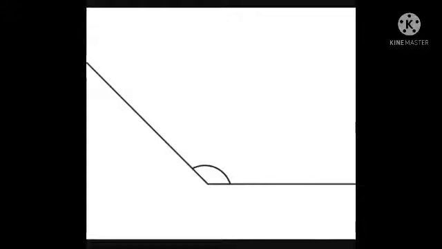I repeat, the angle which is 90 degrees is called a right angle. The angle less than 90 degrees is called an acute angle, and the angle greater than 90 degrees is called an obtuse angle.